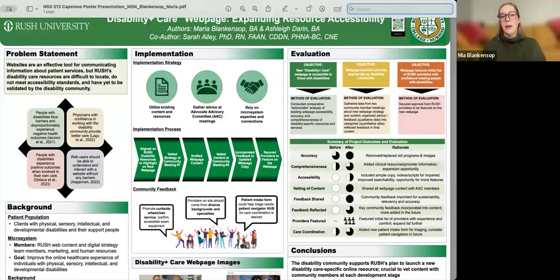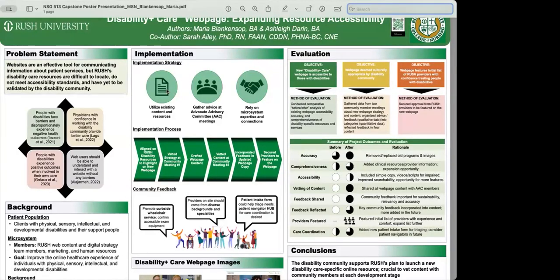So why is this so important, and why were we so focused on developing this web page further? Well, patients with disabilities face disproportionate barriers to healthcare access, and this results in more negative health outcomes. So we really wanted to try to close that gap.